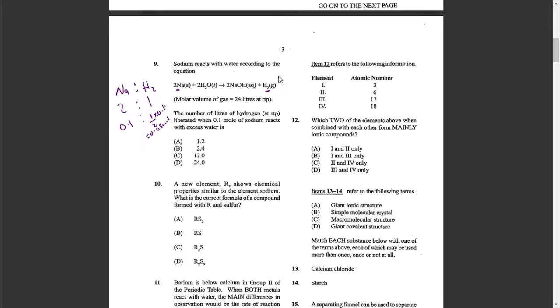Then we know that at RTP, 1 mole of any gas, hydrogen in this case, is equal to 24 liters. Then 0.05 moles of hydrogen at RTP would equal X. Rearrange the equation to make X the subject. X is equal to 0.05 moles multiplied by 24 liters over 1 mole.